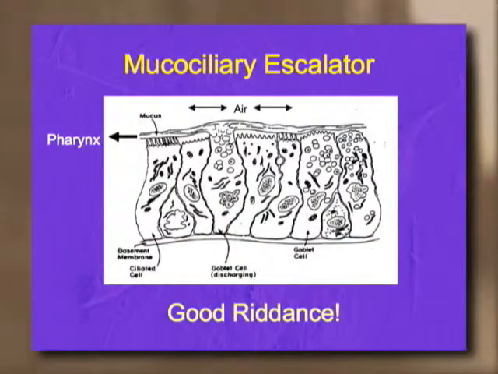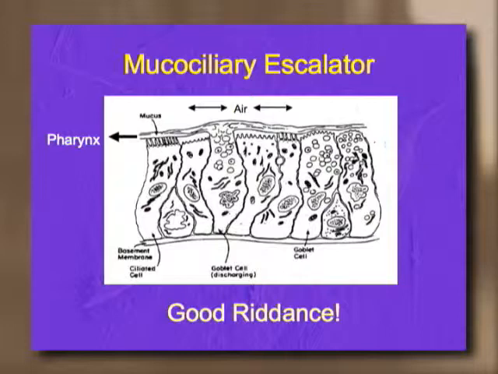Now, large particles are removed. When the large particles come down at very high velocity, they have sufficient momentum or inertia that they impact at these bifurcations, or at the forks. So you get all these large particles collected here, and that's good news because you've got the mucociliary escalator.